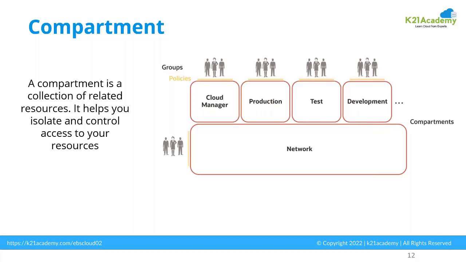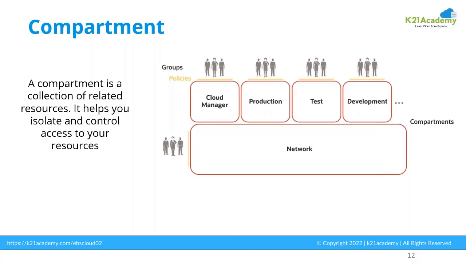Non-production is going to have all the non-production instances, but production I keep pretty secure. I'm going to create the groups which have access to the production compartment, and I'm only going to add those users who maintain the production instances. So not all, maybe 2 or 3 or 4.